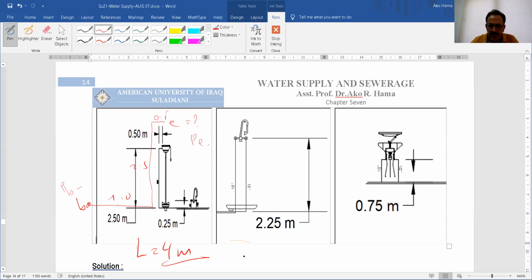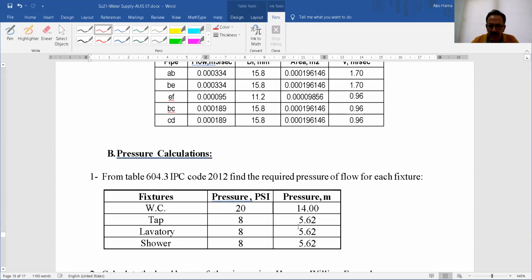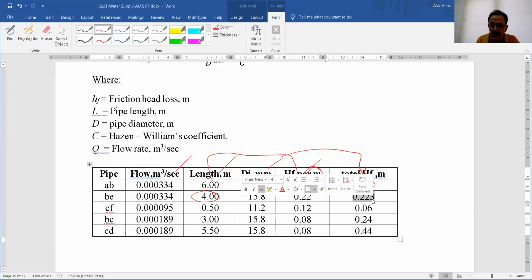I'm using the Q, the 4 meters, and we have the diameter, which is 3/4 inch, and this is the head loss per meter. This is by using the equation. So the total head loss will be 0.223.